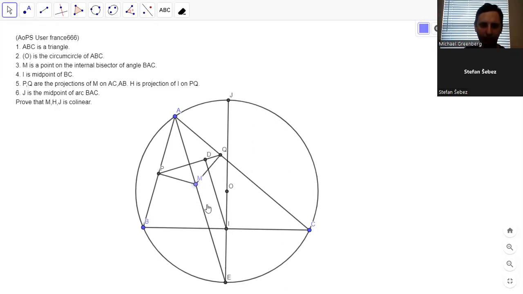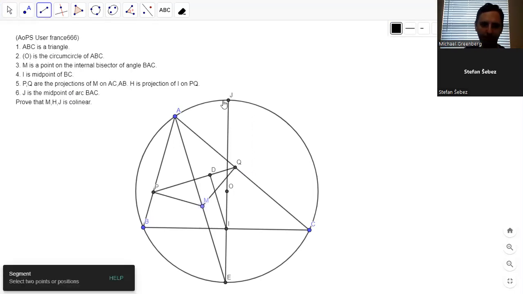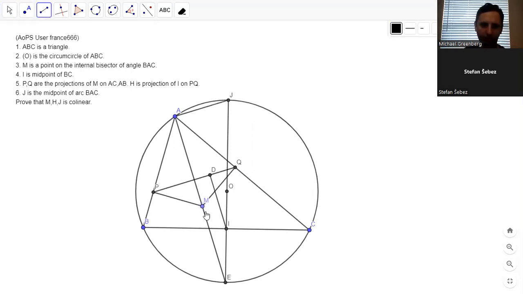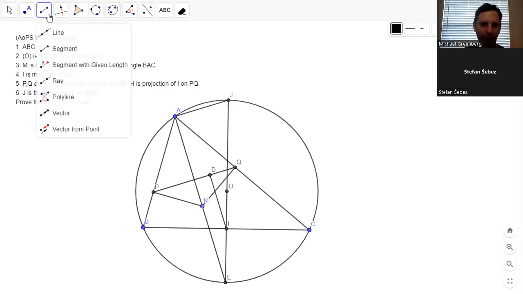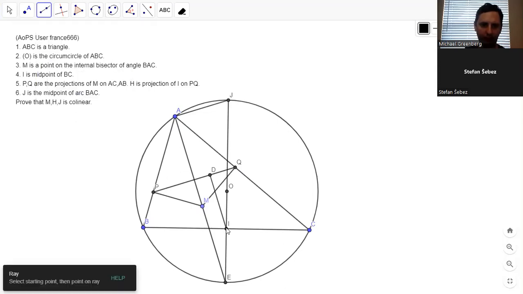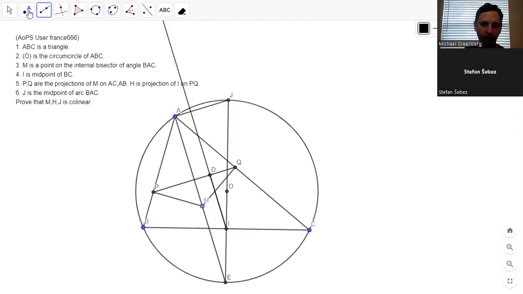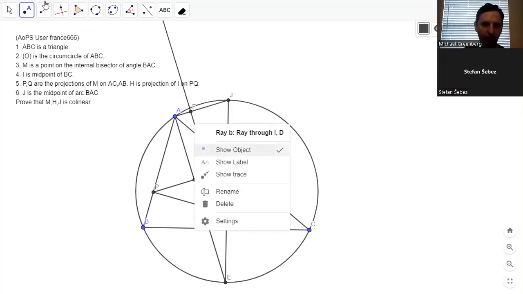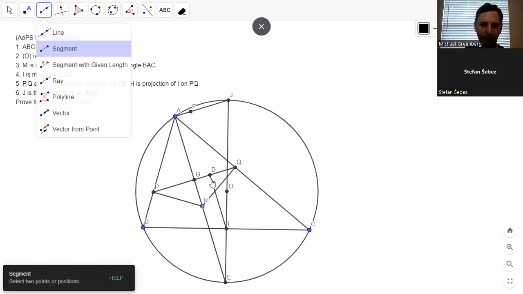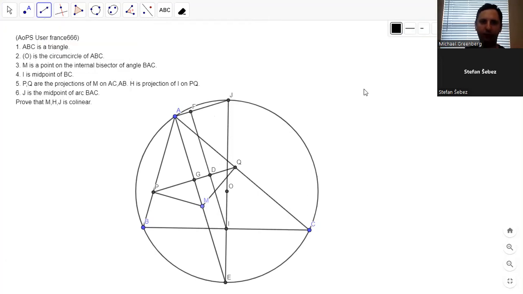When I did that problem, I tried to show MA over AJ is DF over FJ. I tried to use ratios like that. So why don't I try defining this point right here? Basically, I want to show MA over AJ is DF over FJ.